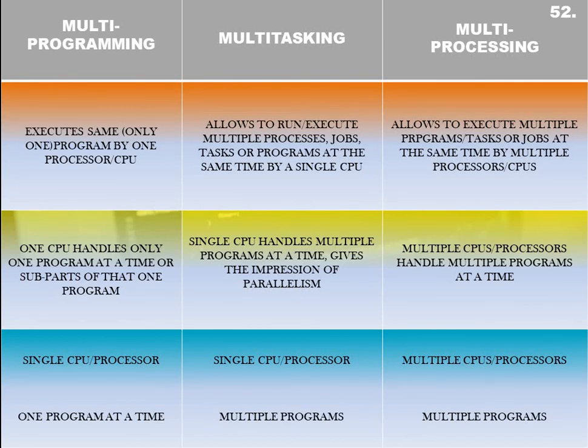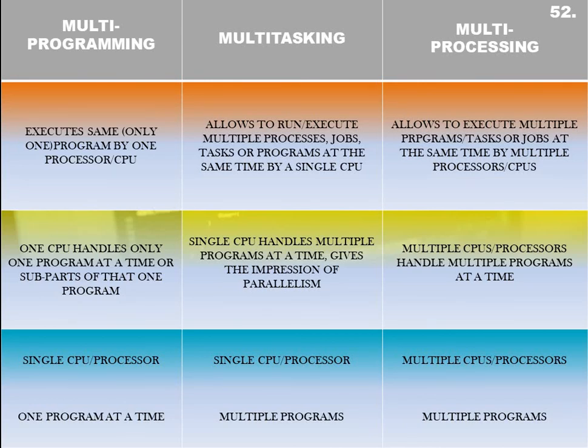Now we would classify the differences between multiprogramming, multitasking, and multiprocessing. Multiprogramming executes or allows the execution of the same program or the subparts or subprograms of the same program by one CPU only.